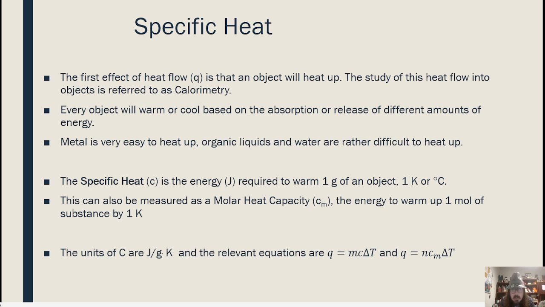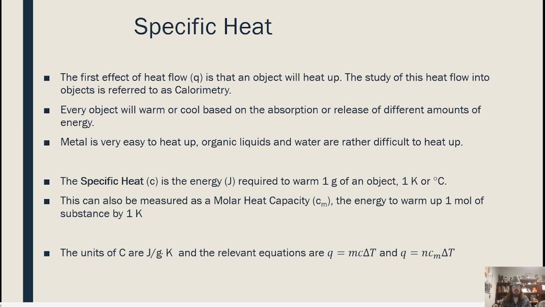Now there is a reason why it doesn't matter whether we use Kelvin or Celsius: we're going to look at temperature flow as a change. Going from 0 degrees Celsius to 100 degrees Celsius is a change of 100.